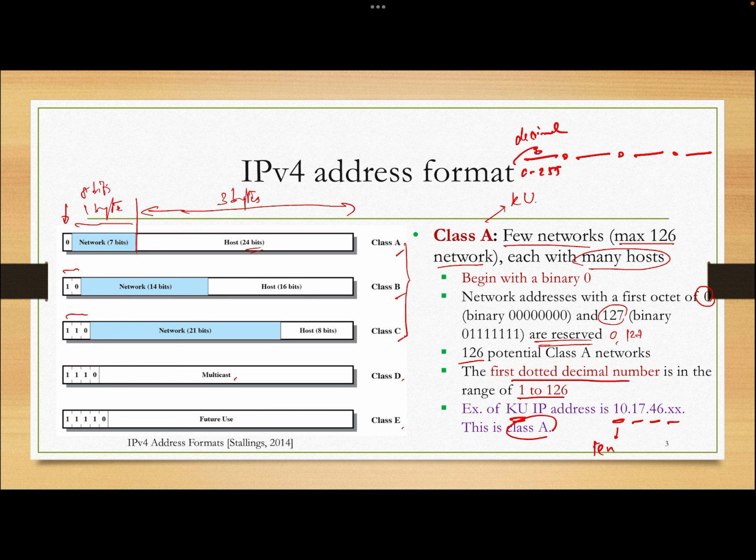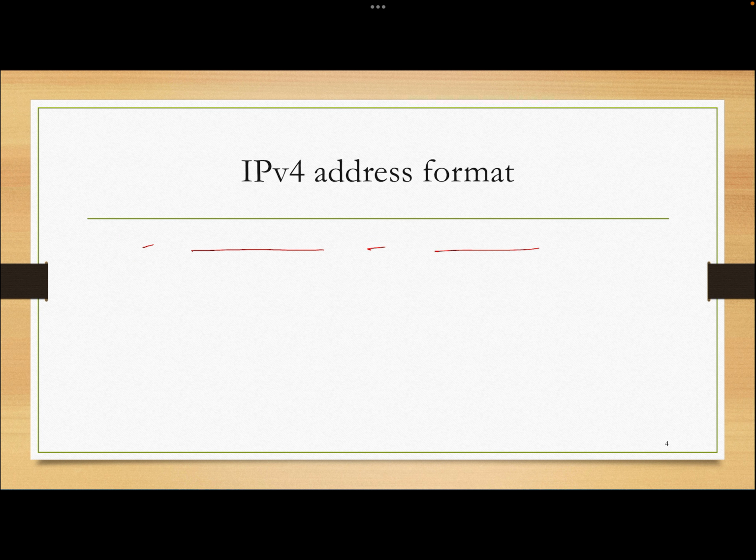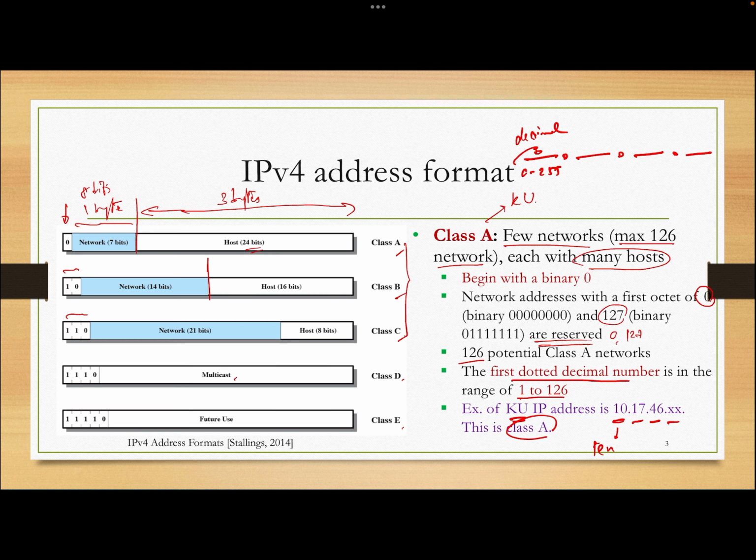Let's look at the format more. For class B, you have a medium number of networks, and each has a medium number of hosts, because you have 2 bytes for network and 2 bytes for host. Let's look at class C. Class C has 3 bytes for network and 1 byte for host.